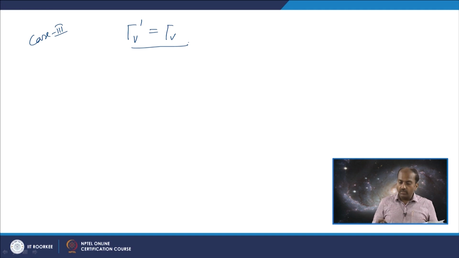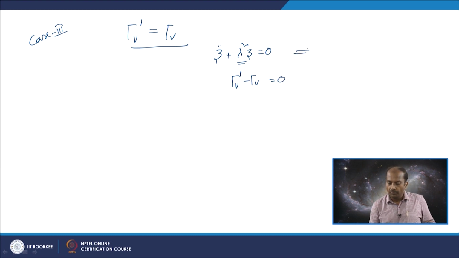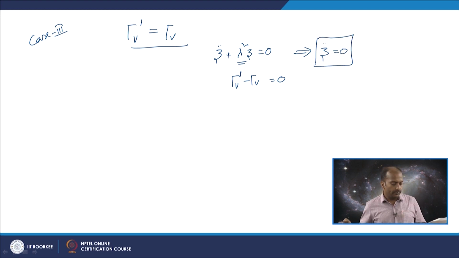In this case, the differential equation simply reduces. So we have Z double prime plus lambda square Z equals 0, where lambda squared contains gamma V prime minus gamma V. Now if this becomes zero, your second order differential equation is simply Z double prime equals 0. Now what kind of solution can you put? The second derivative of Z should be 0, so you take a function whose second derivative is 0.